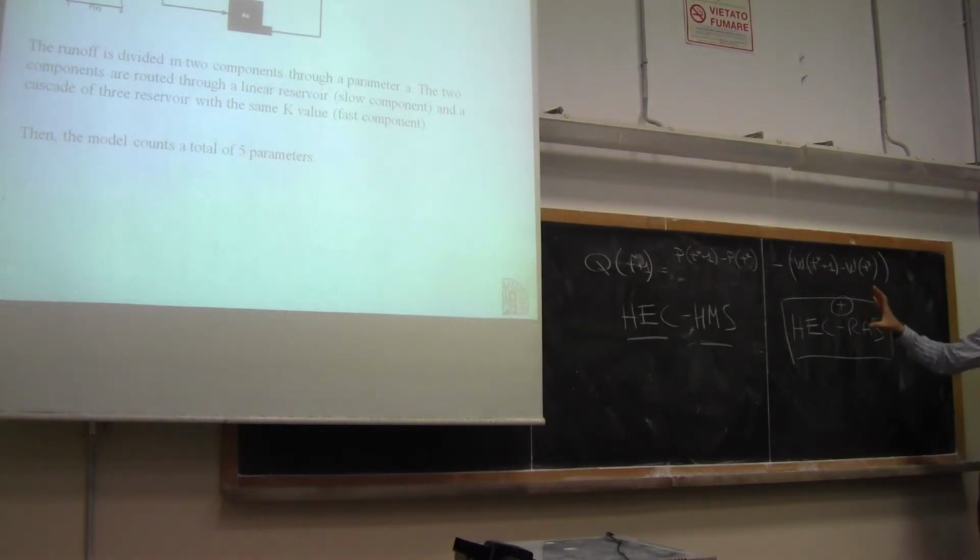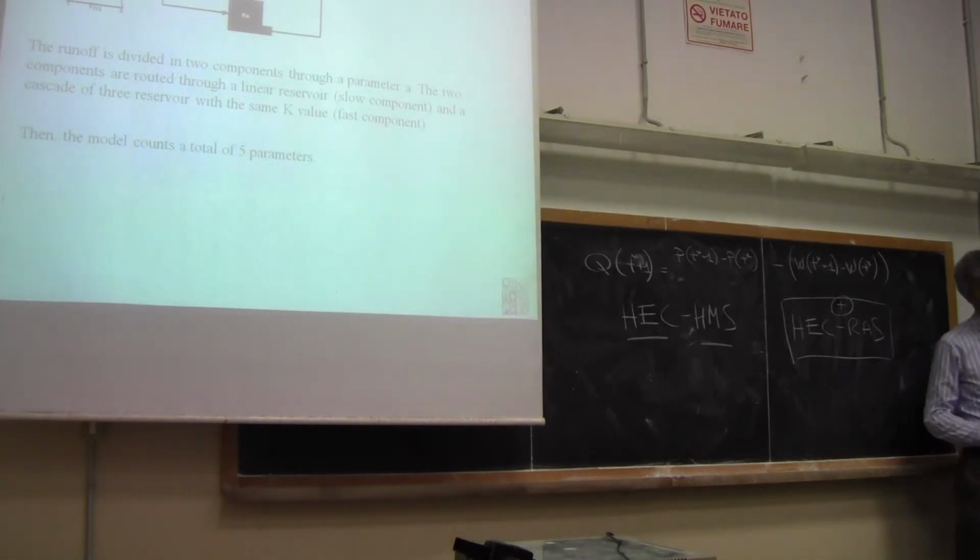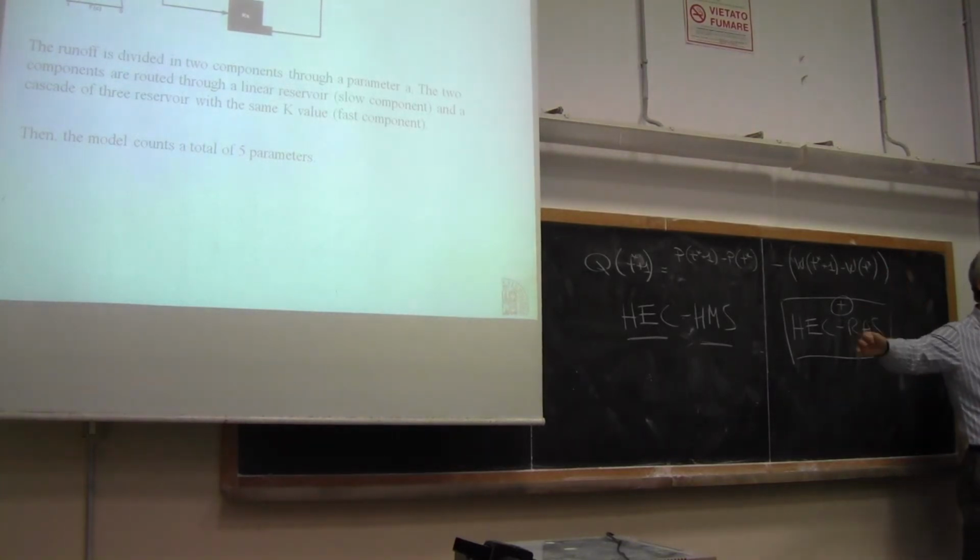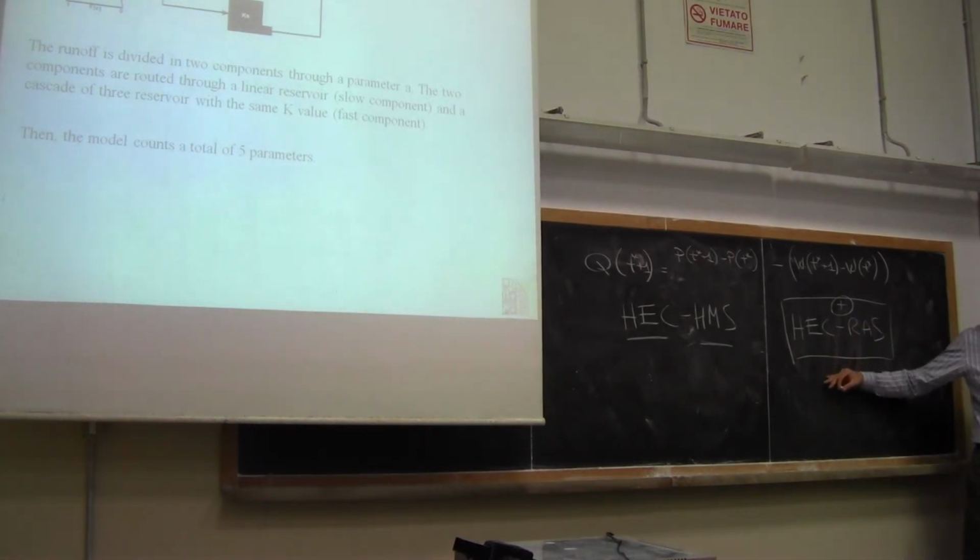But it is extremely important, and this software is really good. This is public domain, and it's really one of the best software for routing the river flow. River flow routing means that you have a hydrograph upstream on a river and you compute the hydrograph everywhere along the river. And this is really something that I suggest.